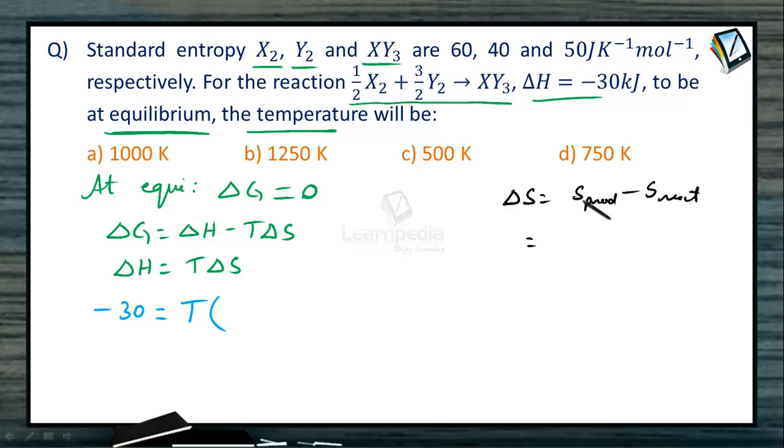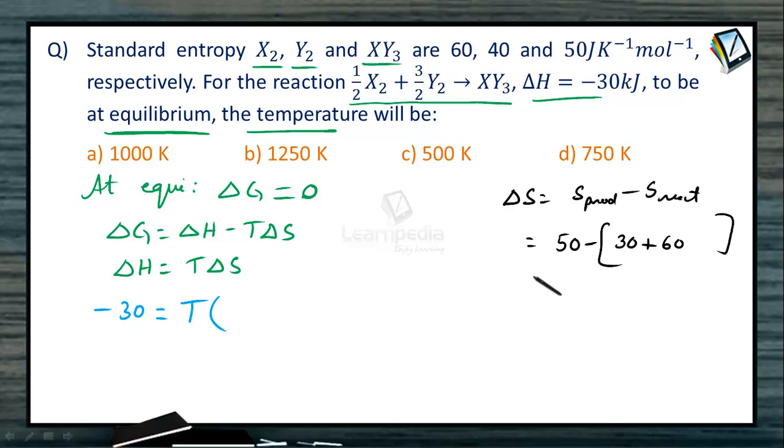So the entropy of the products is the entropy of XY3, which is equal to 50, minus the total entropy of the reactants: half of X2, meaning half of 60, that is 30, plus 3 by 2 of Y2, that is 3 by 2 of 40, and that is 60.